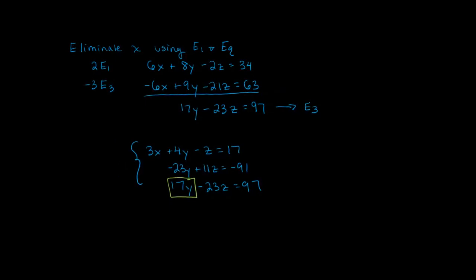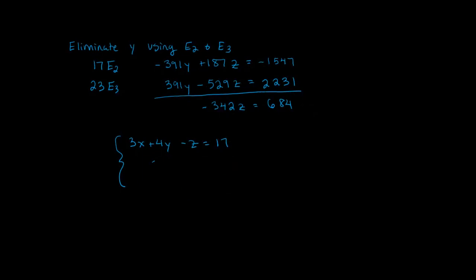Our second equation hasn't changed. We have negative 23y plus 11z equals negative 91. And this third one needs to be replaced with the new equation 3, because that's where we want to have just the z. So then I have negative 342z equals 684.